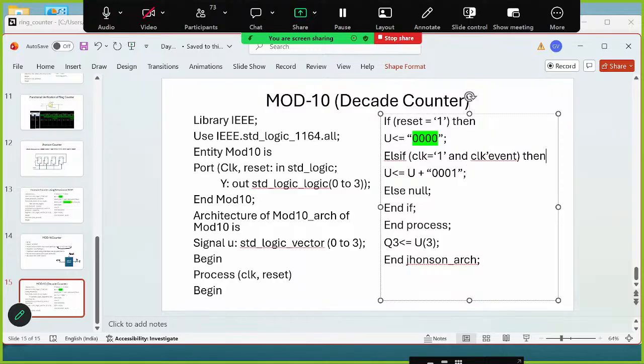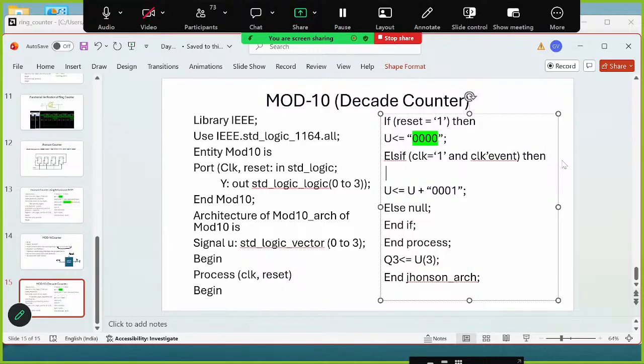So for that, I need to restrict this count. I need to write if this u is equal to 9, then you keep on doing, sorry, if u is not equal to 9, then you keep on doing this thing.